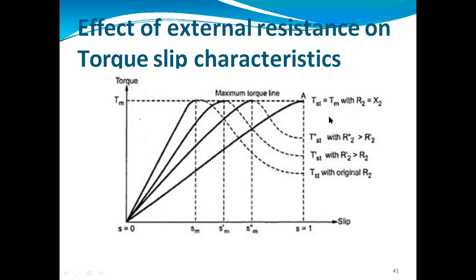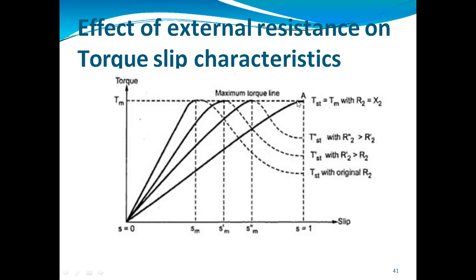So if we are increasing the value of resistance R2, as compared to this resistance, and taking a higher amount of resistance, you will get a higher amount of torque. You can see here, you will get the value of maximum torque.